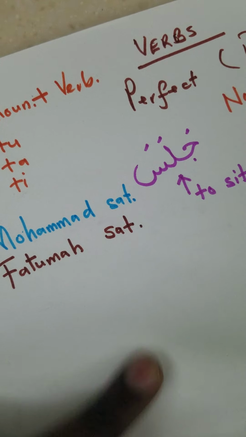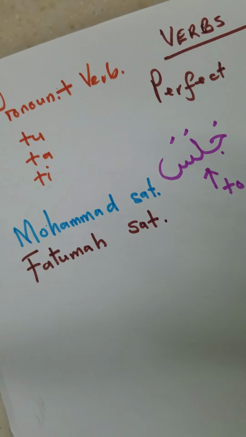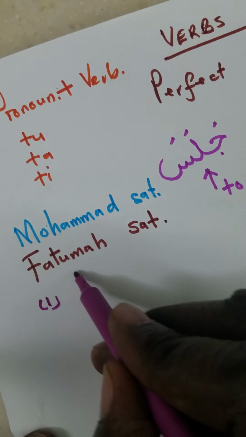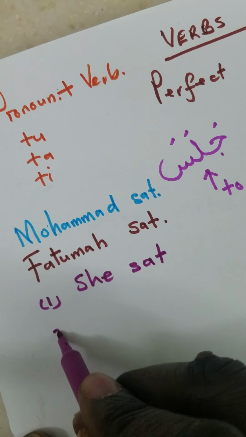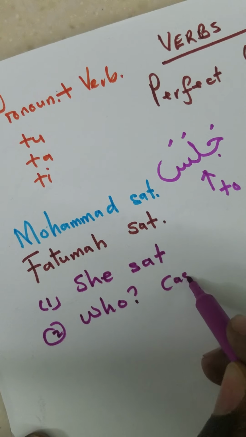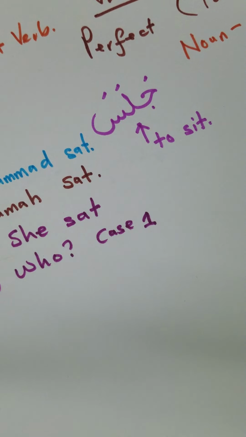Fatuma sat. First of all, you have to write number 1, she sat. Then number 2, who? But in case 1. Okay, so she sat.